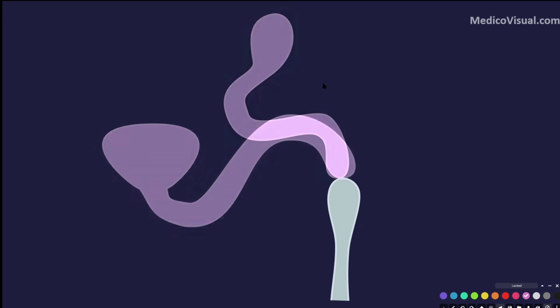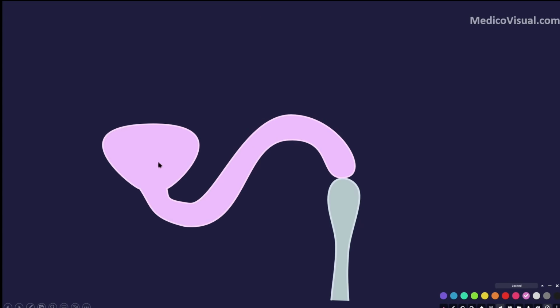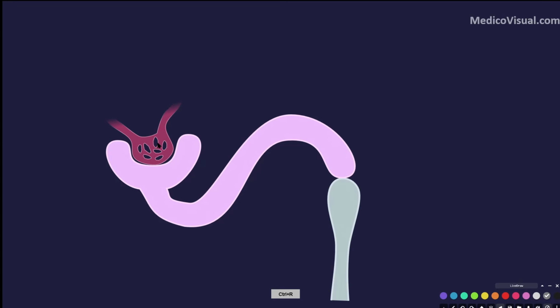Then this S-shape will slightly rotate, and within this dilated end a tuft of capillaries will develop and sort of invaginate. Now it has formed that renal corpuscle. Renal corpuscle has two parts.